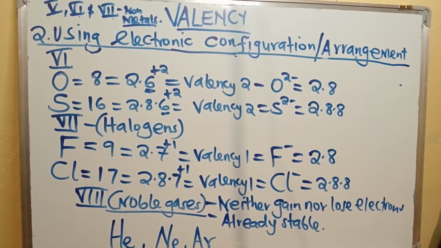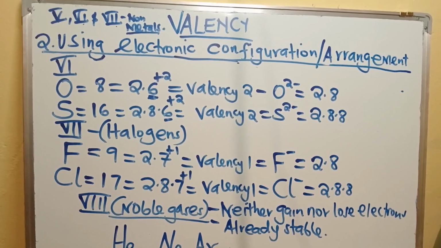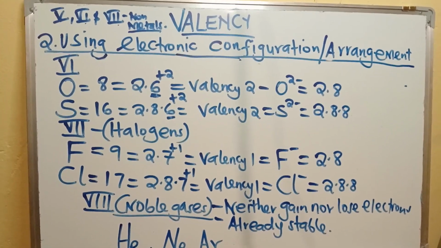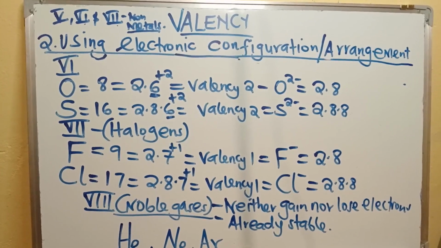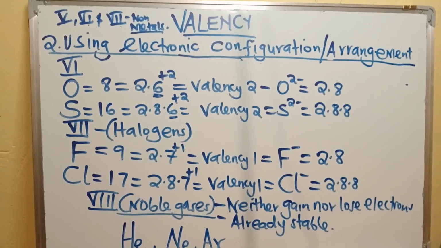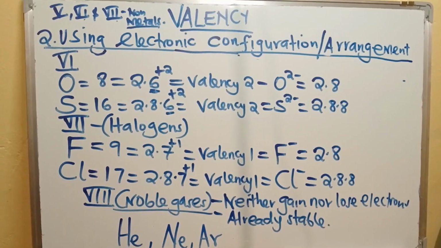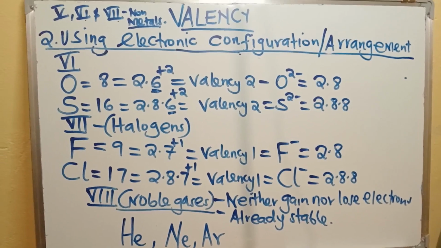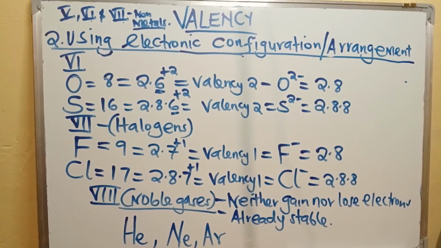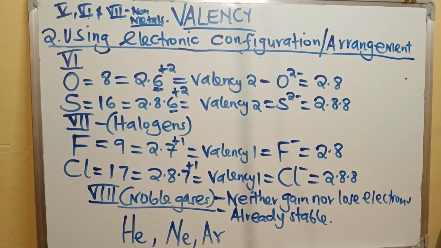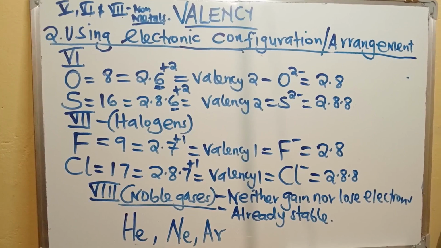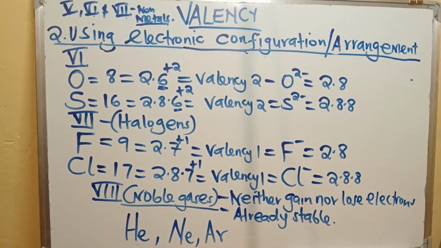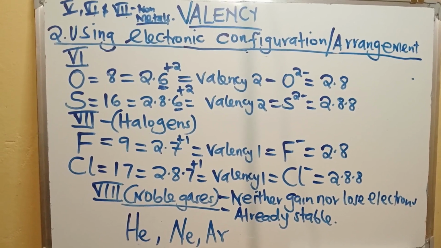Once you know the correct valency, just be assured that it will be very easy for you to write the formulas for different compounds, the formulas for different gases if gases are involved, and generally you'll be in a position to write very correct chemical equations that are also well balanced. So do not ignore this backup information, as when you have it in the right way, the answering of the periodic table questions becomes very easy. We are still having in the near future more questions on the periodic table, so keep it right here.